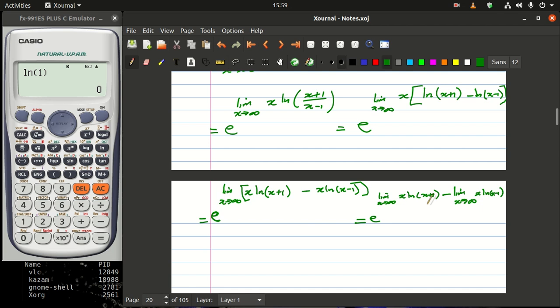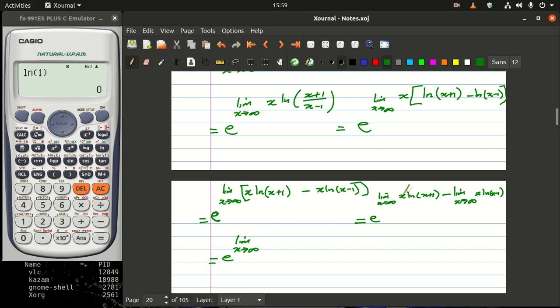Also splitting these two makes my job easy, because I want to evaluate this alone, I also want to evaluate that one alone. So after that I will end up having e raised to the limit as x approaches infinity.